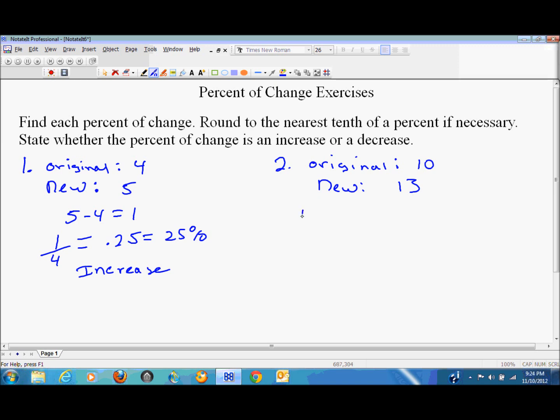So here we will take 13 minus 10, which will give us 3, and our ratio will be 3 over 10, and that will give us 0.3, which is the same thing as 30%.